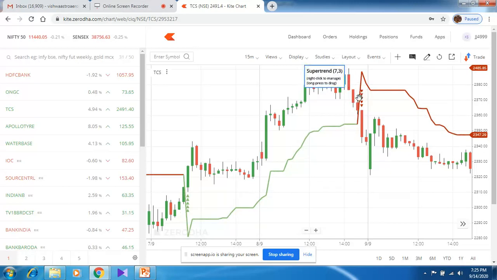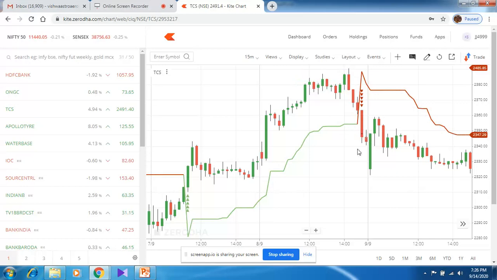Okay, so this is where it gives us the signal along with a red arrow. It has changed its color, as you can see. Until here it was green, but since sellers have taken over the buyers, it has changed its color, and now the market will come down further. But we can trust this only for one or two candles.